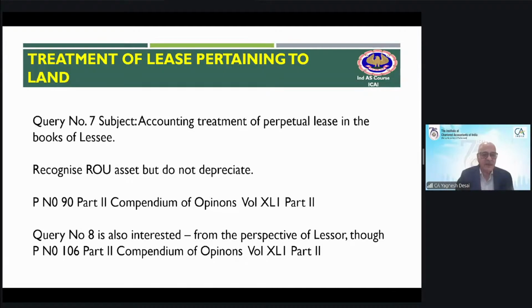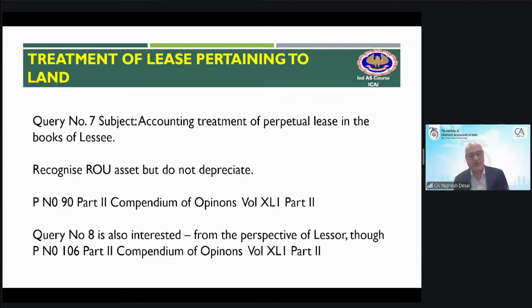The perpetual lease is forever. In that case, you recognize ROU land but do not depreciate. Because again, write down paragraphs 50 and 58 of Ind AS 16, not 116. That also gives the guidance here that land is not to be depreciated.